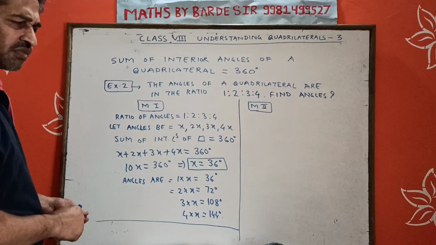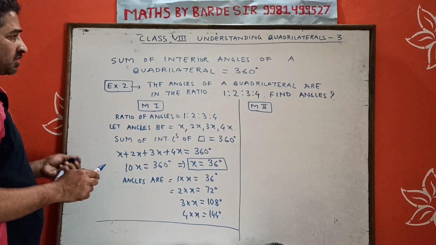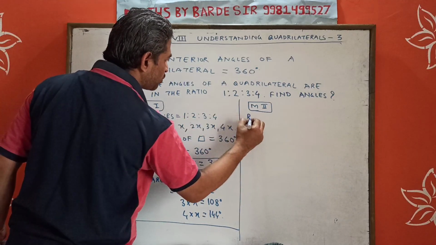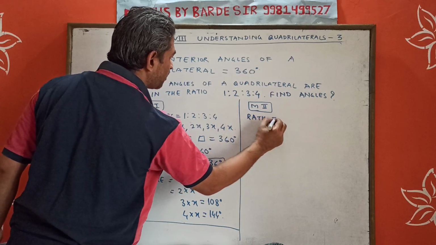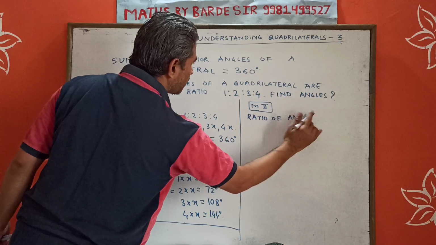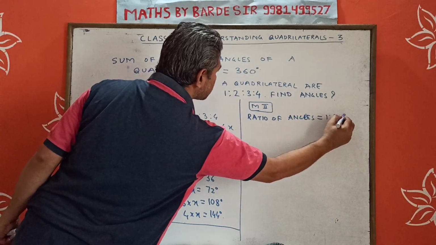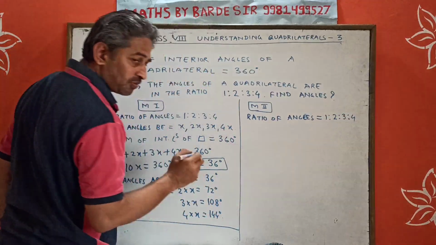Now see, again we have the sum of angles and ratio of angles already given. Ratio of angles is 1 is to 2 is to 3 is to 4.